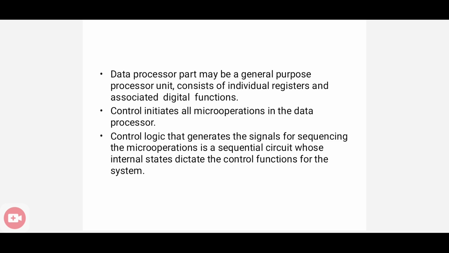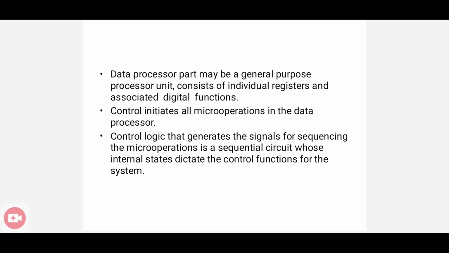The data processor is a general purpose processor unit which consists of individual registers. It also processes micro operations, and the control unit initiates all micro operations. The control logic generates signals for the processing unit, or signals for sequencing the micro operations, in a sequential circuit whose internal states indicate the control function for the system.